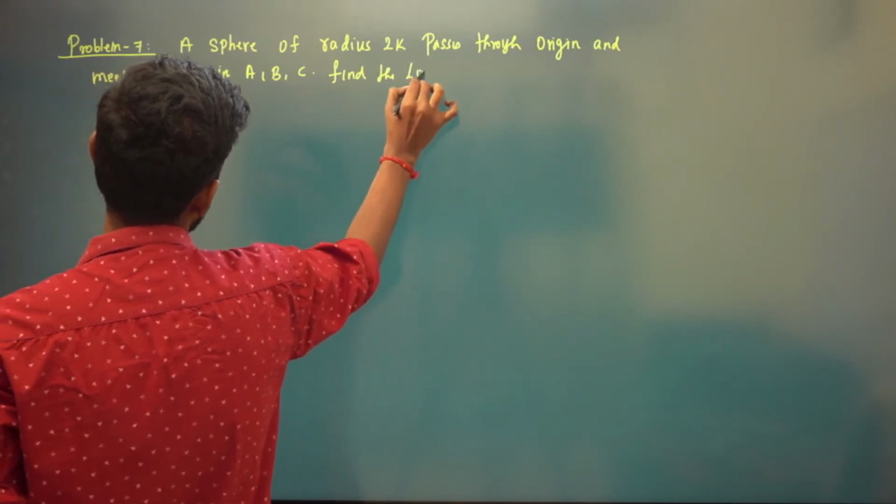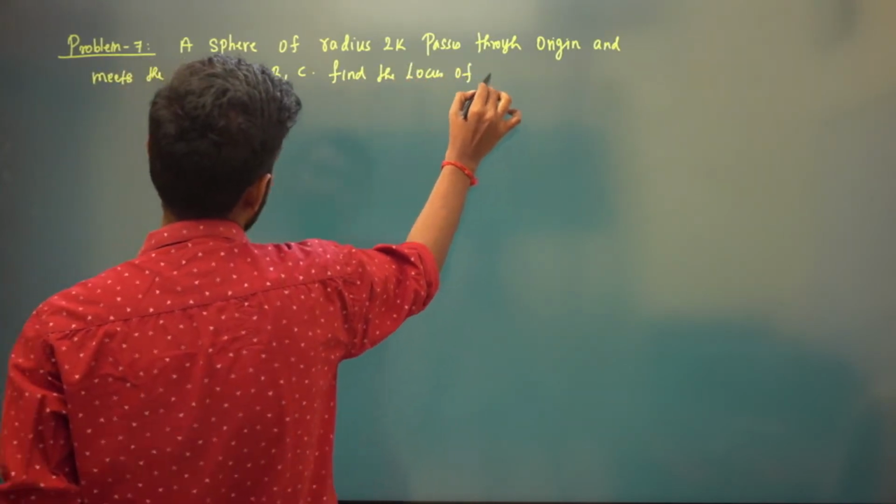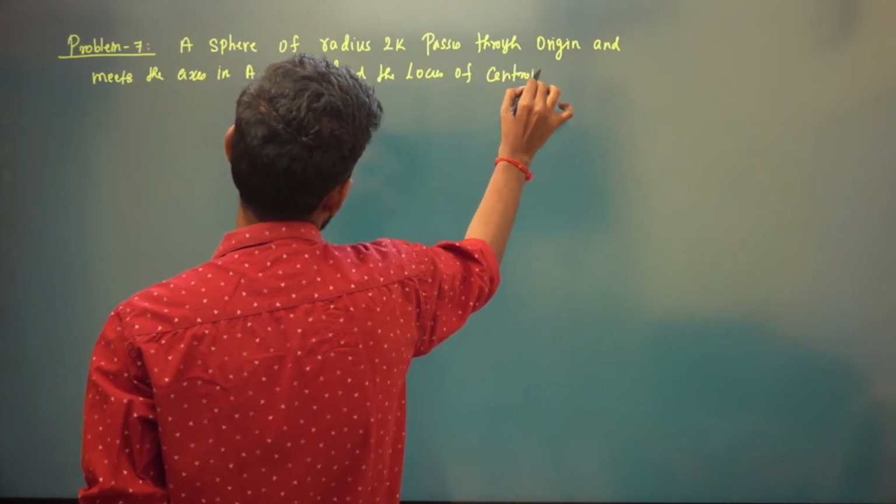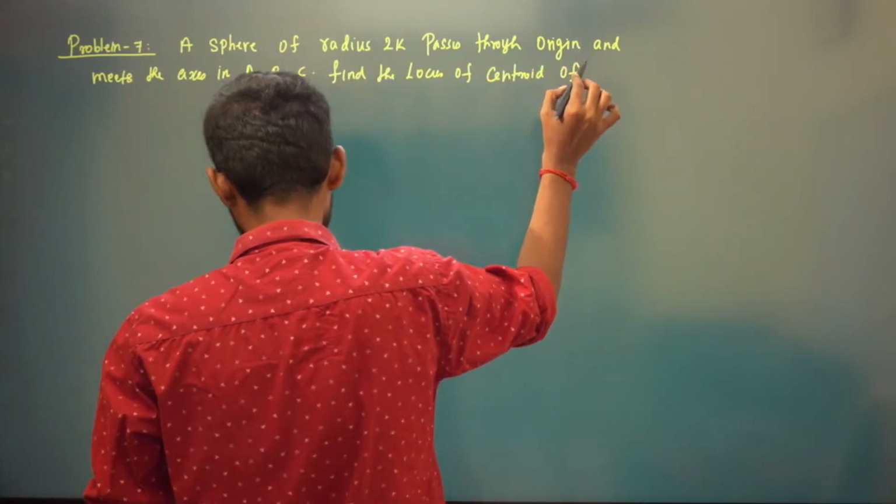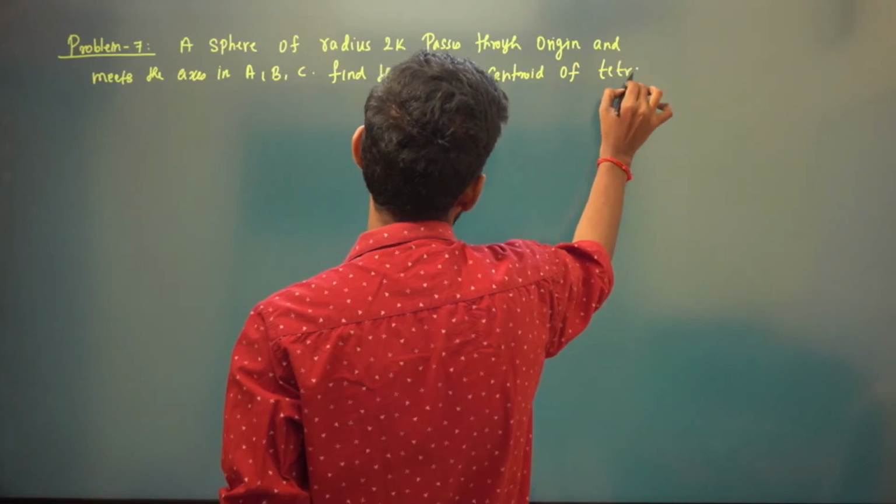Find the locus of centroid of the tetrahedron OABC. Very easy problem. You can do this.